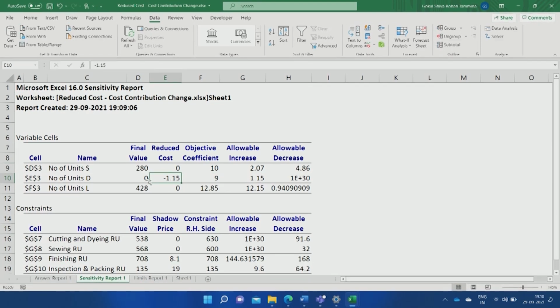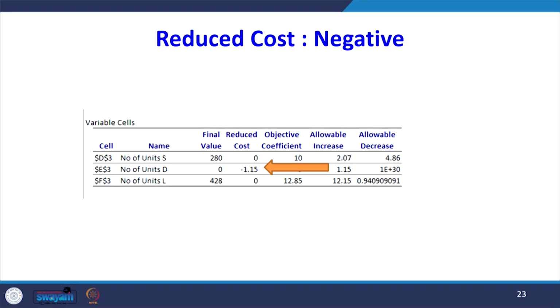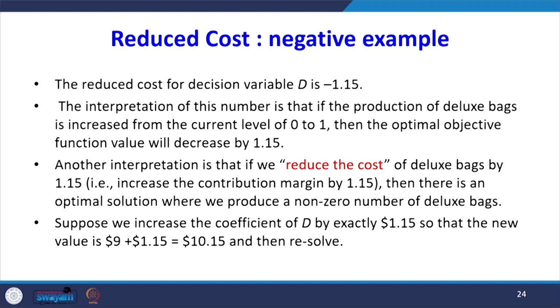So what am I going to do? Now I have brought the output of our Excel Solver. Here we got the reduced cost for D as minus 1.15. I will explain what the meaning of this minus 1.15 is.